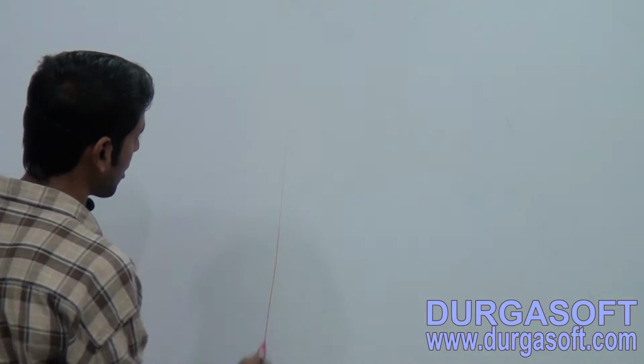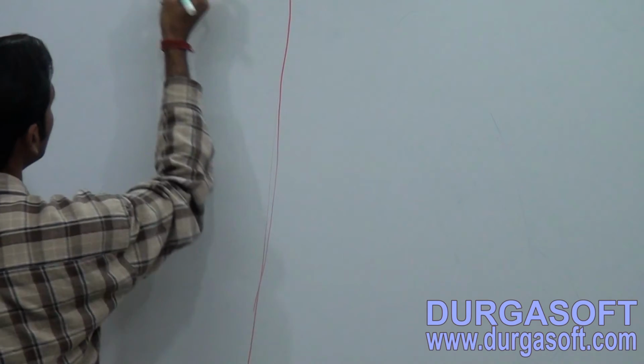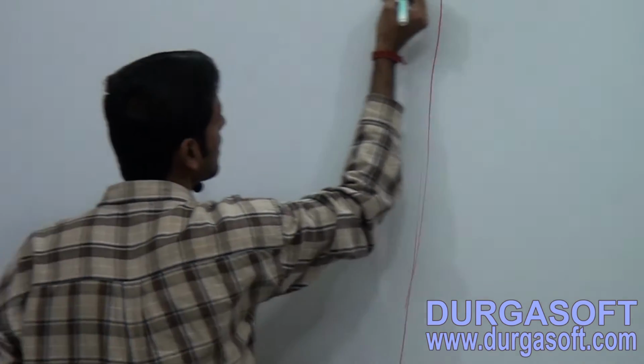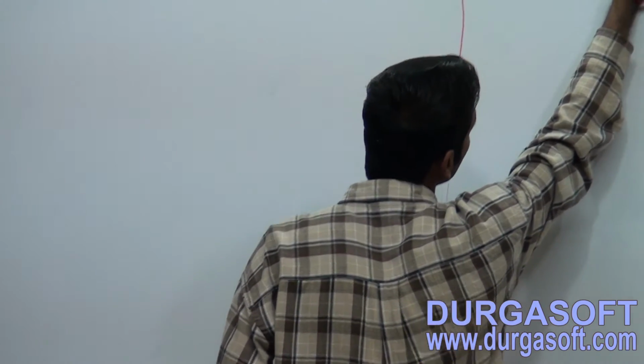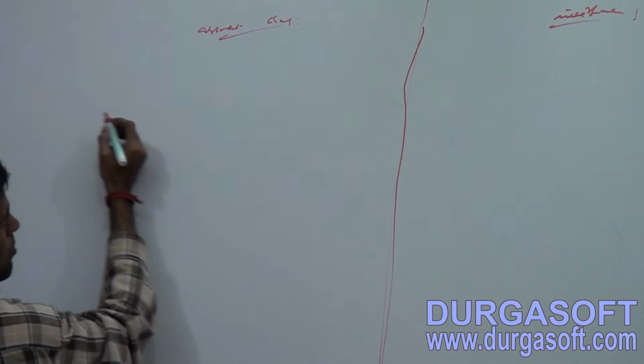Yes guys, let us see the fourth difference between abstract class and interface. Observe that one properly.